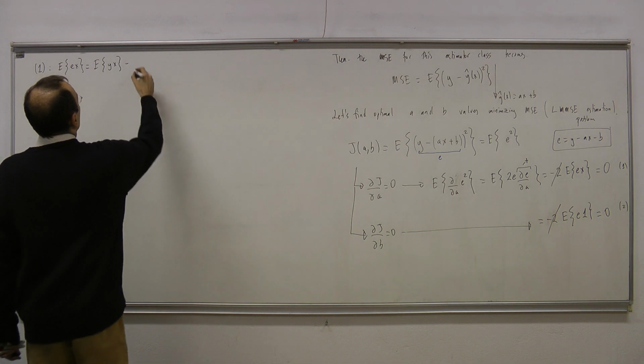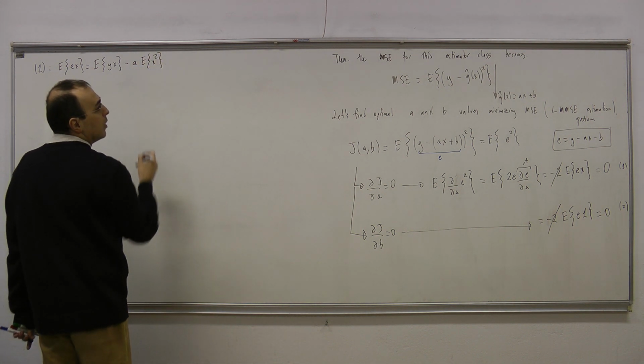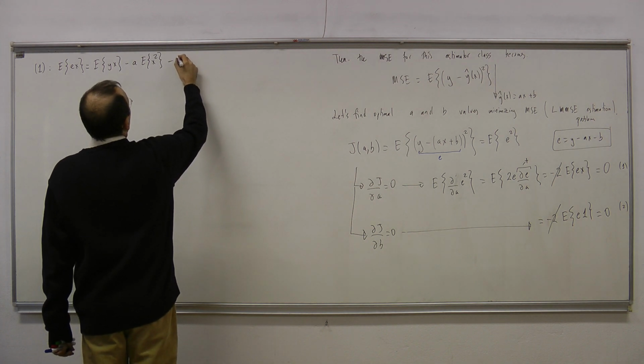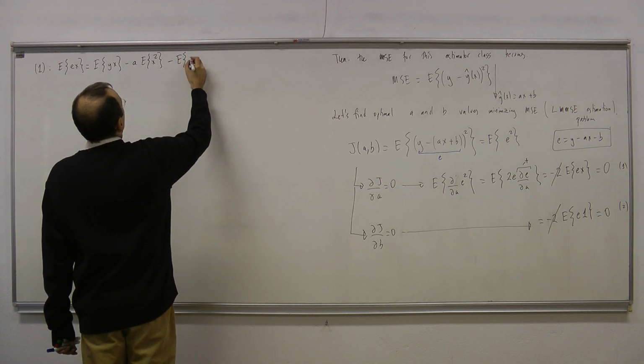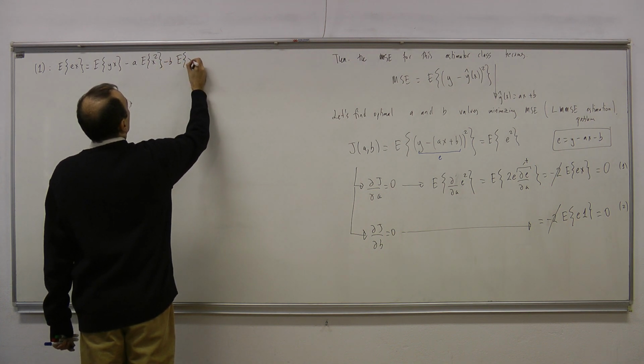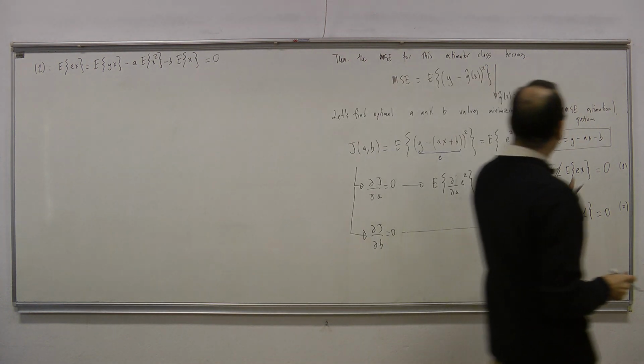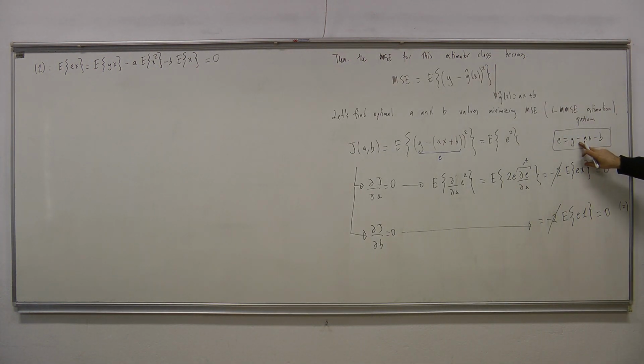Minus expected value of x squared, minus b times expected value of x is equal to 0. So this is e, I multiply by x, so I have yx minus ax squared minus bx, is equal to 0.